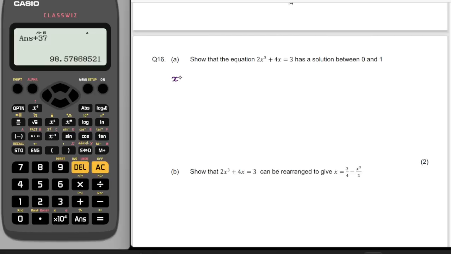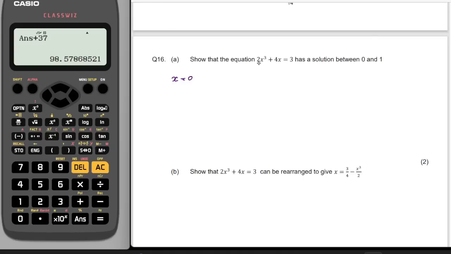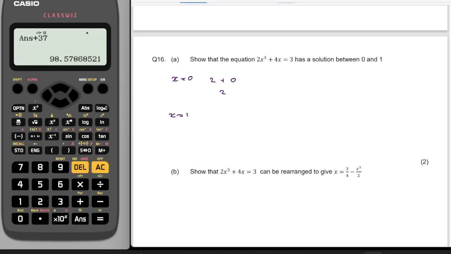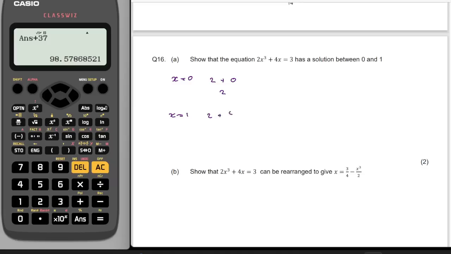We need to say when x is equal to 0, 2 times 0 cubed would be 0, plus 4 times 0 is 0, so that's going to be equal to 0. When x is equal to 1, 2 times 1 cubed is going to be 2, 4 times 1 is going to be 4, so that's going to be equal to 6.